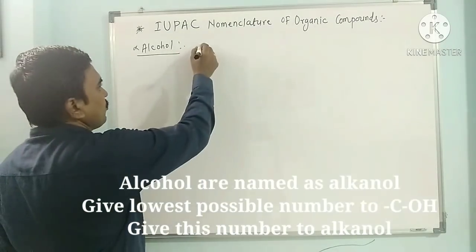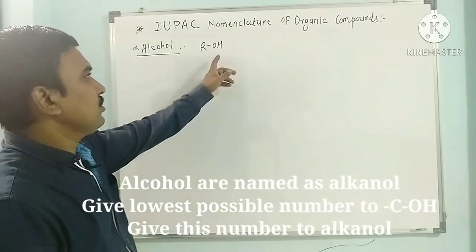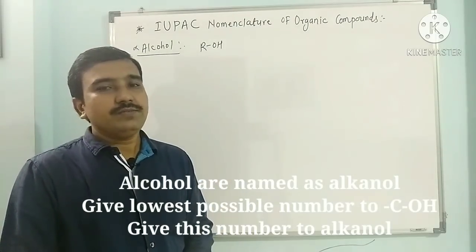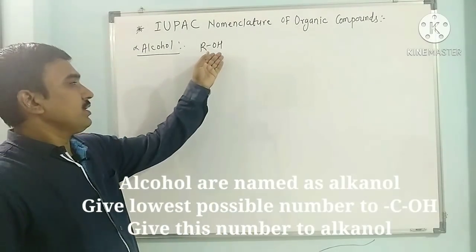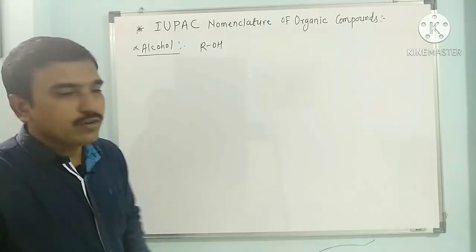Alcohol has the general formula ROH, a hydroxy group attached to an alkyl group. These hydroxyl compounds are named as alkanols.